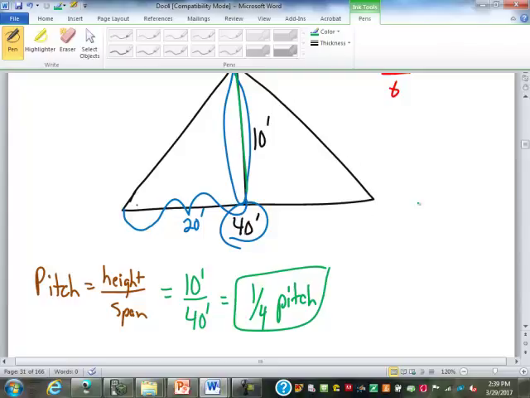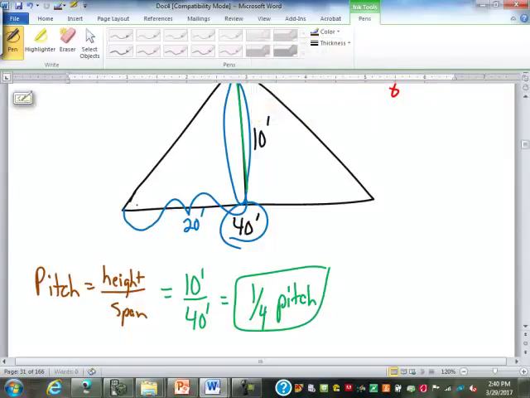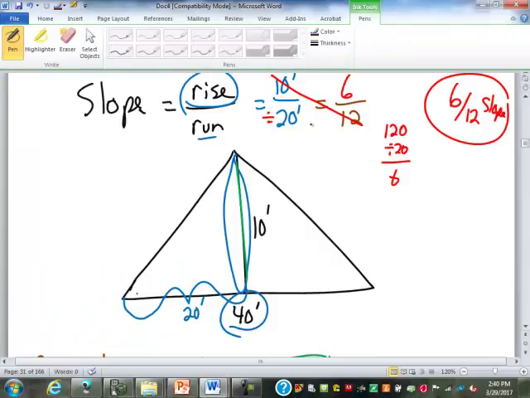The reason there's a difference, if you guys were to go on in this program and continue into the second semester of math, we'd go into trig, and we'd actually use trig to break down roof trusses. Slope is most commonly used for dealing with roof trusses.